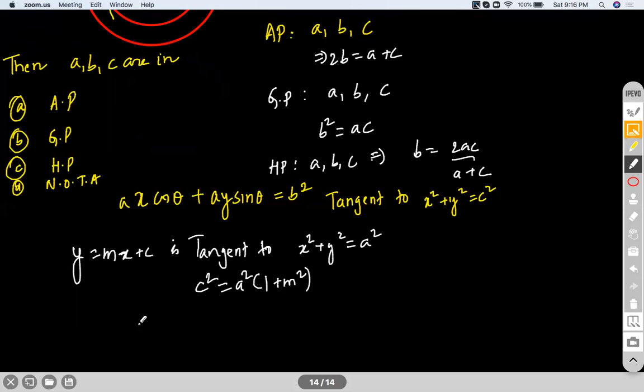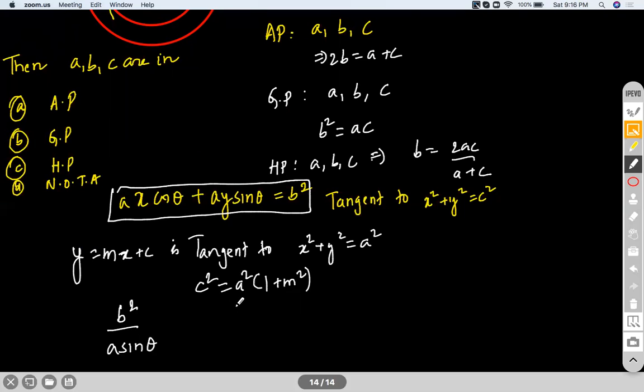Now who is playing the role of c here? Can I say it is b square by a sin theta? Be convinced first.